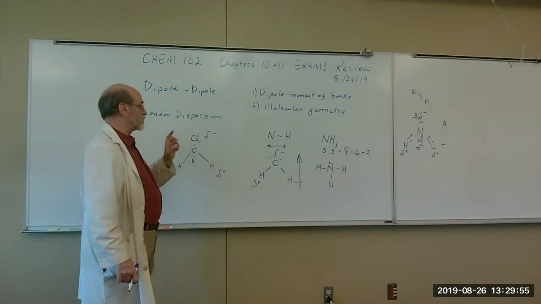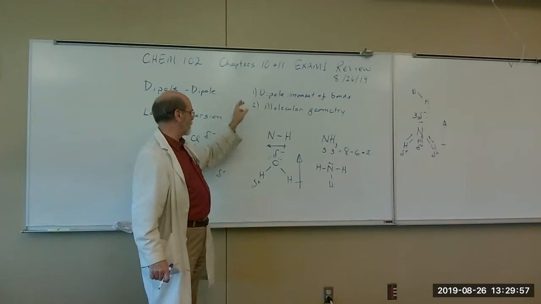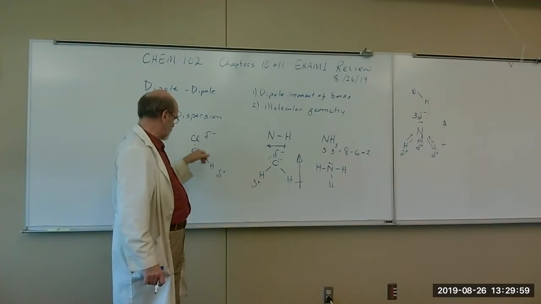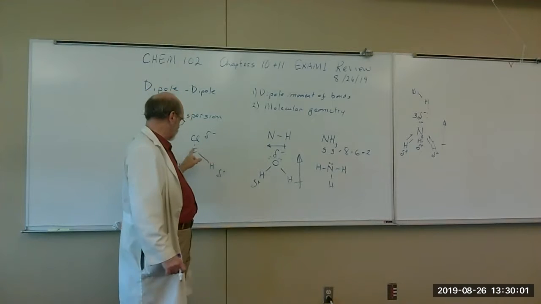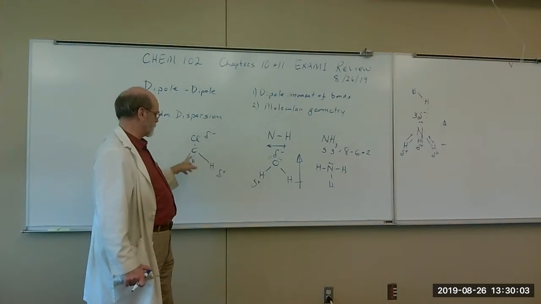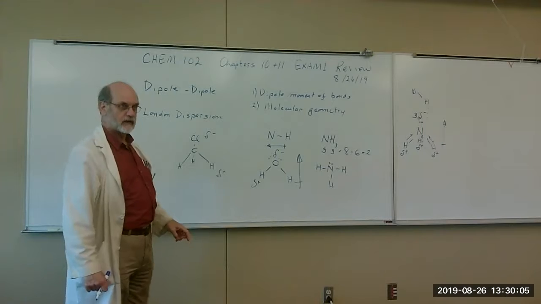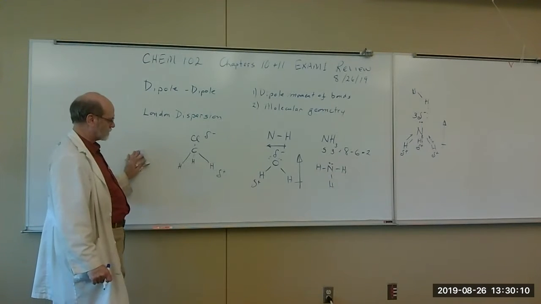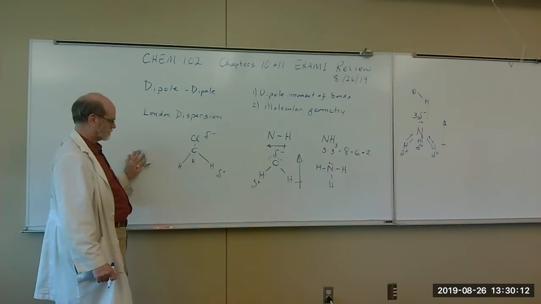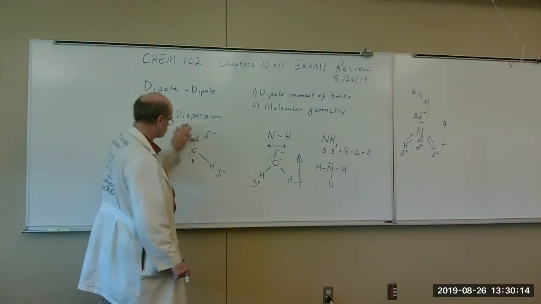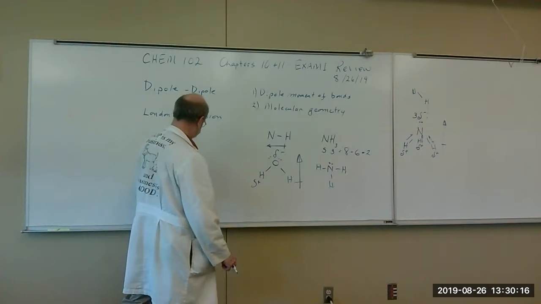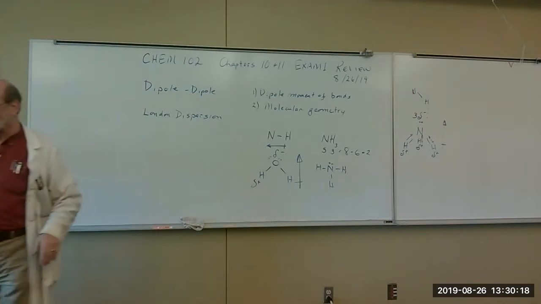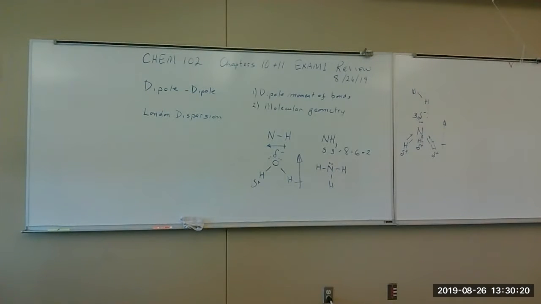And that's due to both things. The dipole moment of the bonds, which is, this one's greater than any of those, plus the geometry, because these do not cancel out. Okay, any questions so far? I'm trying to hit the most important concepts.